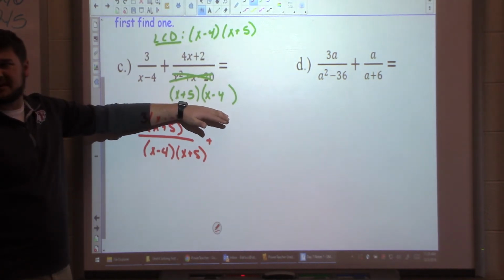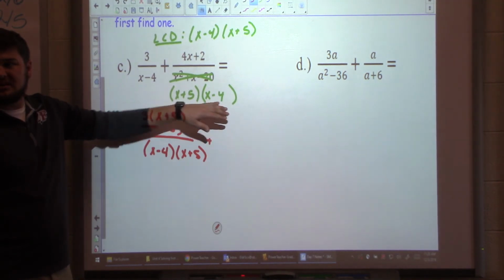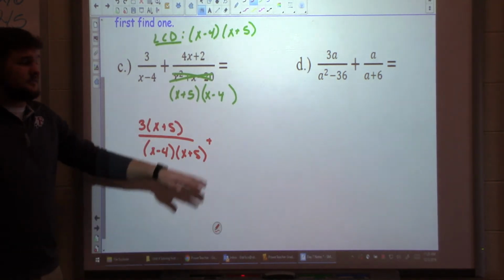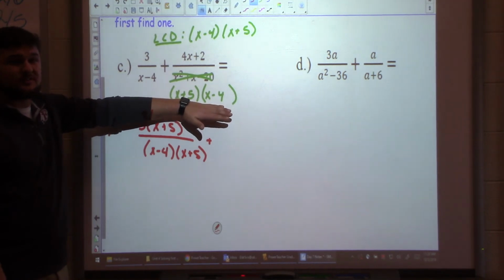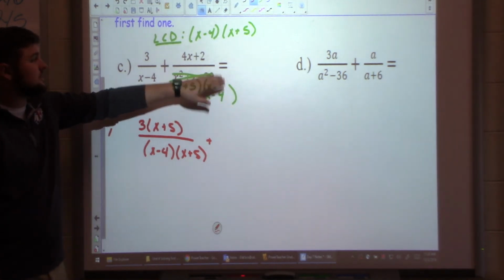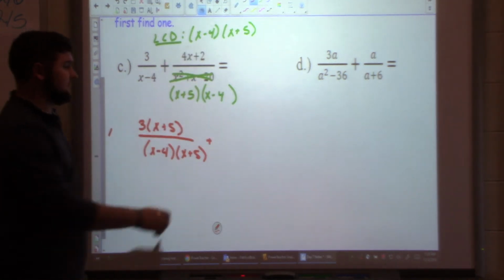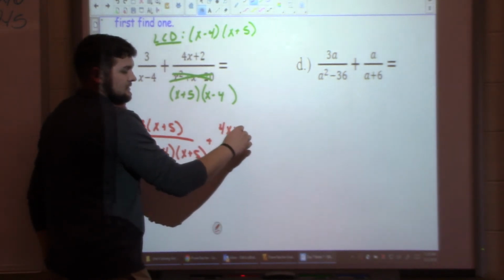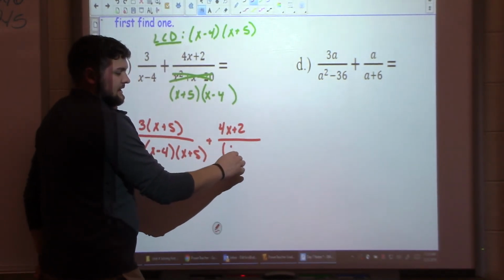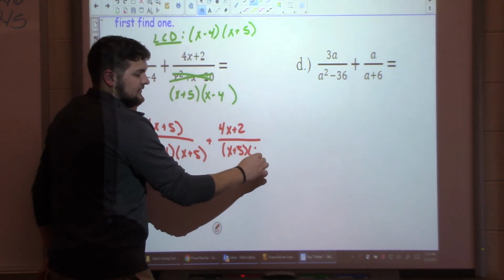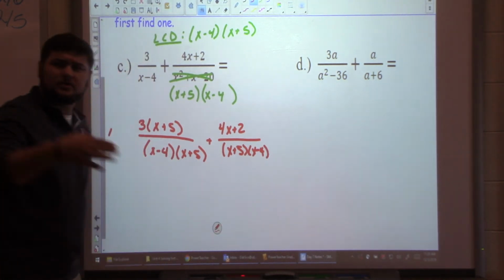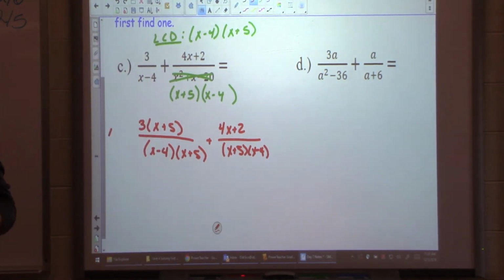So what should I multiply by? 1. We could multiply by 1, but do we need to change this at all? No, so I just leave this one the same. Just leave it as 4x plus 2 over the common denominator. If you want to think of it like you're multiplying by 1, it's perfectly okay, because if you multiply by 1, nothing's going to change anyway. So if you want to think of it like that, go ahead and do that.